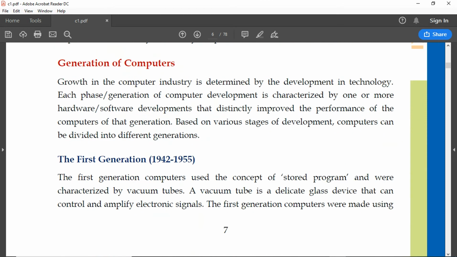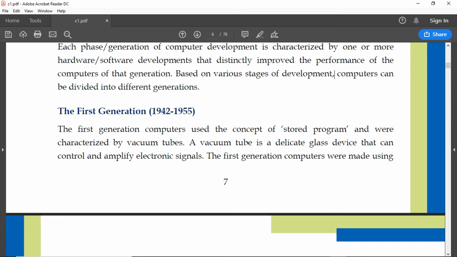Generation of computers. Growth in the computer industry is determined by the development in technology. Each phase or generation of computer development is characterized by one or more hardware or software developments that distinctly improved the performance of the computers of that generation. Based on various stages of development, computers can be divided into different generations.